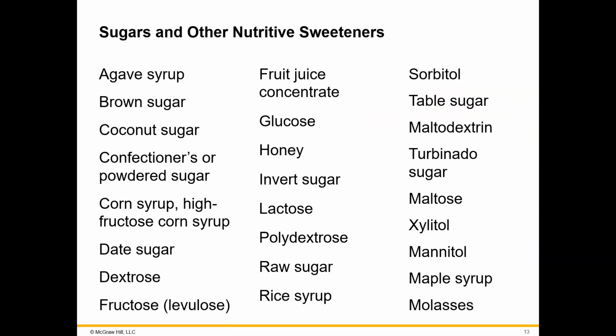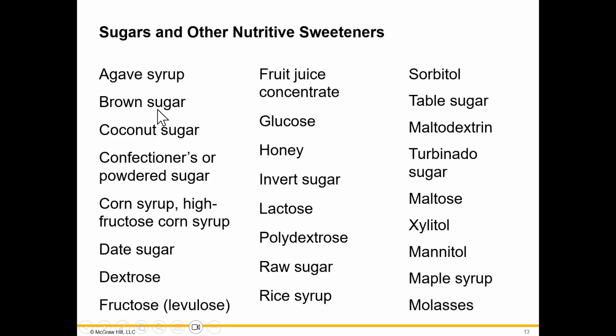What really alarms a lot of my nutrition patients when I was in clinical practice as a registered dietitian, and I had an even more extensive list than this that I would go over with my patients, is that sugars are not just called sugars and they're not just called added sugar. They have a lot of hidden names.